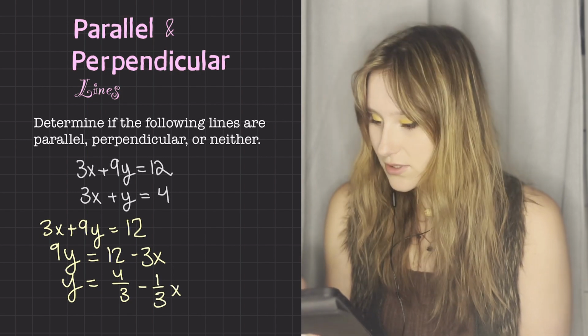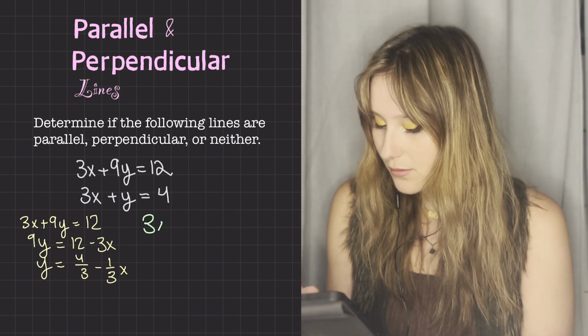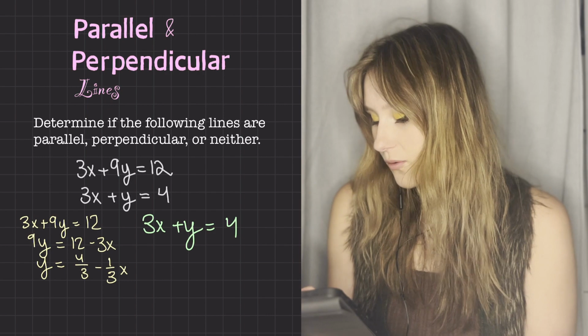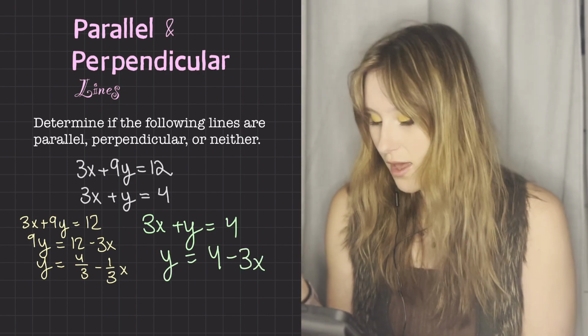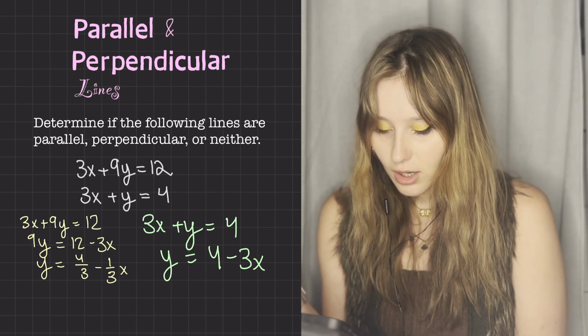Okay, so that is the first line. Line number 2. So we're just solving for y. We're going to subtract that 3x. And boom.